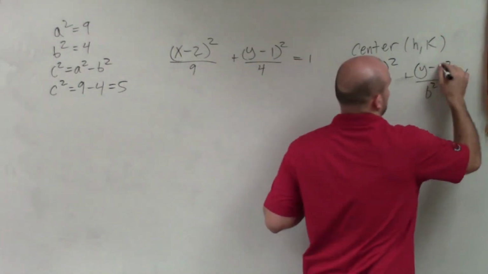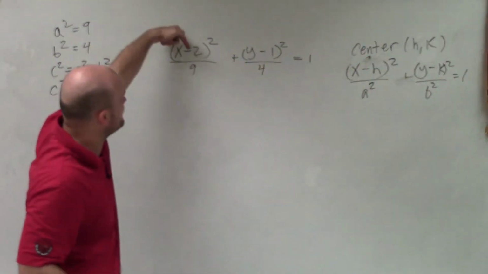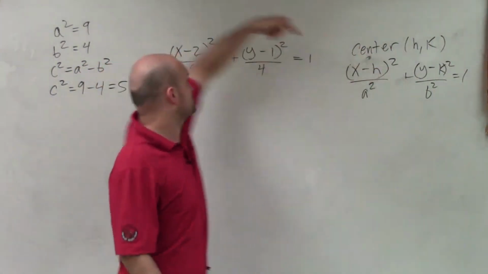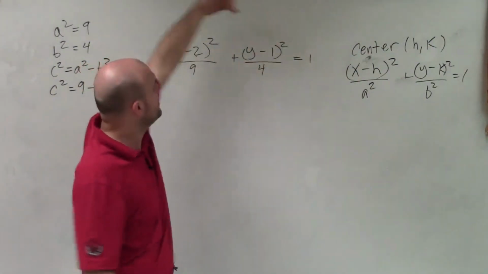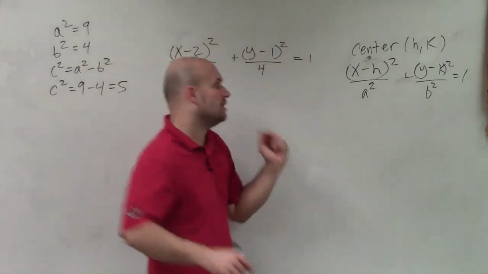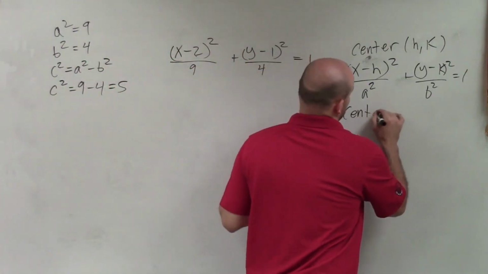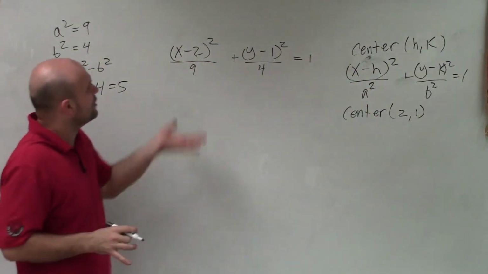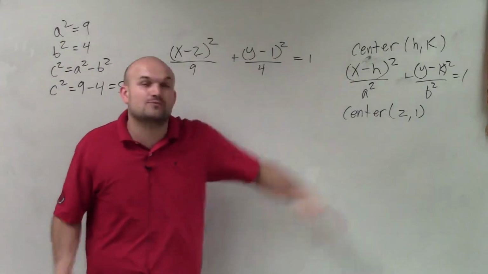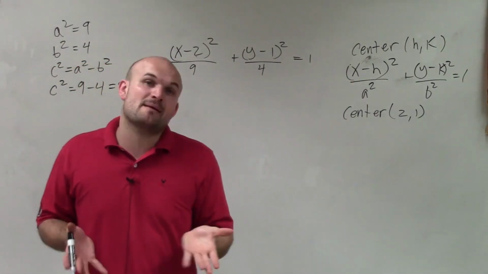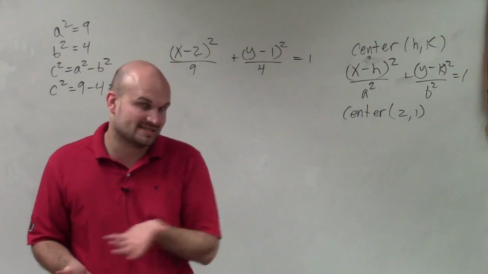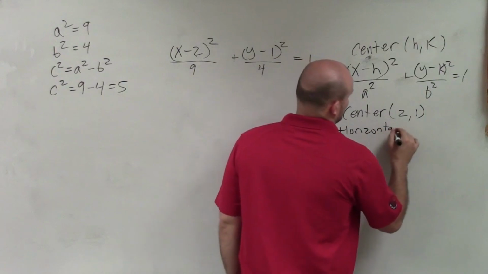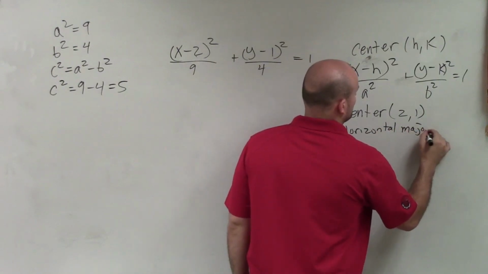Since we have a negative 2 and a negative 1, remember, it's the opposite of h and k. So the opposite of negative 2 is 2, and the opposite of negative 1 is positive 1. Therefore, my center is (2, 1). And the next thing is, my a squared is under the x. Whenever my a is under the x, I know that my major axis is going to be horizontal. So I'm going to have a horizontal major axis.